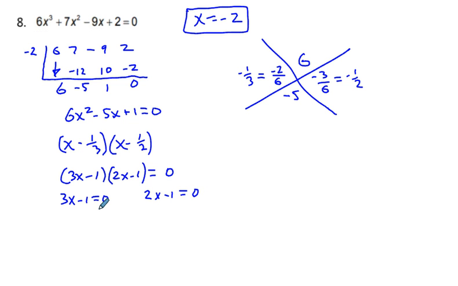And solving both of these, we add 1 to both of these equations. We get 3x equals 1 and 2x equals 1. We have x equals 1/3, x equals 1/2.